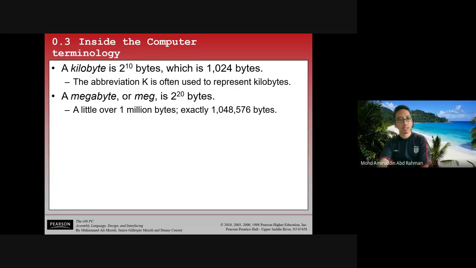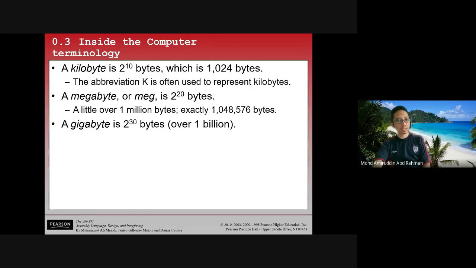A megabyte is the multiplication of 10 and 10. So kilobyte is 2 to the 10, megabyte is 2 to the 20. A megabyte is a little over 1 million bytes, exactly 1048576 bytes.